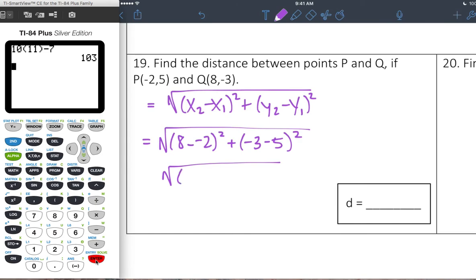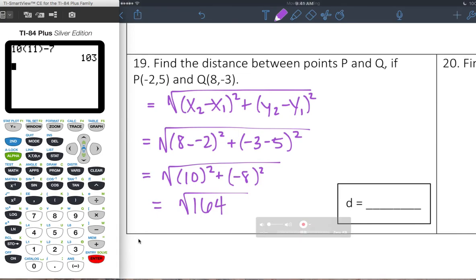So then we're going to have 10 squared plus -8 squared. It's going to come out to be the square root of 164. So you can either give me that answer or you can do the square root of 164 and you'll get 12.81.